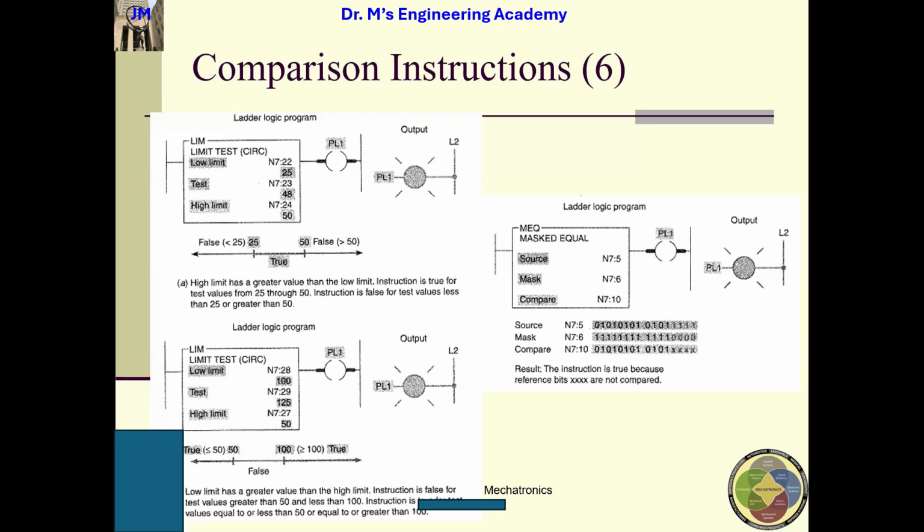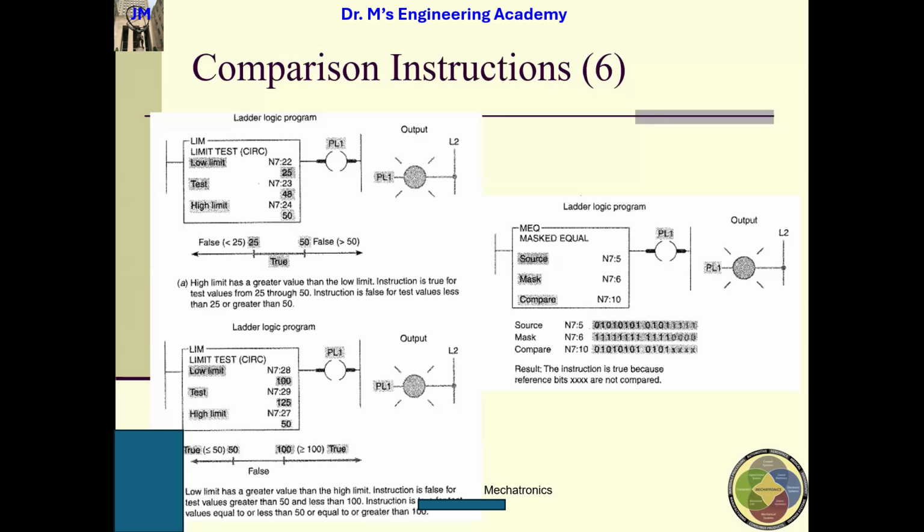So the limit, you can see these are 2 axes here. So limit test, right? So lower limit test, higher limit. Higher limit has a greater value than the lower limit.